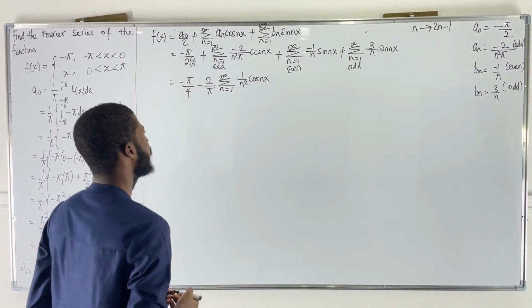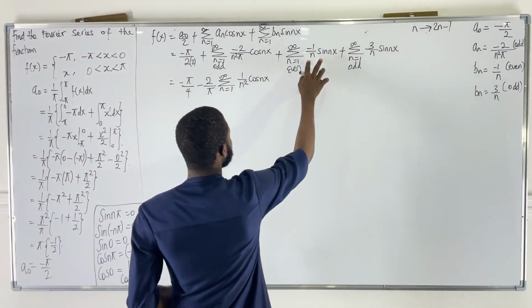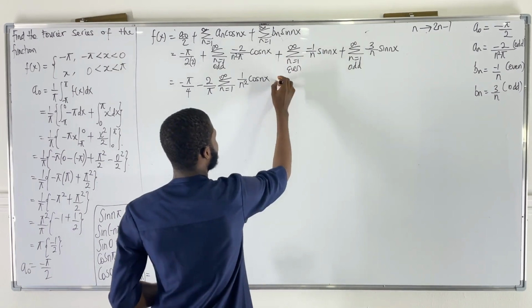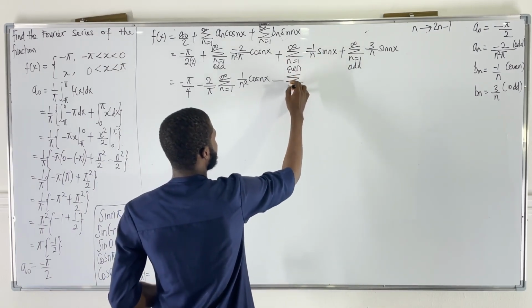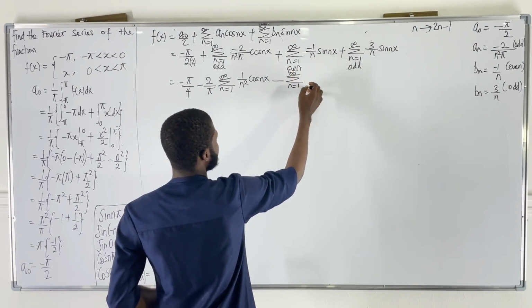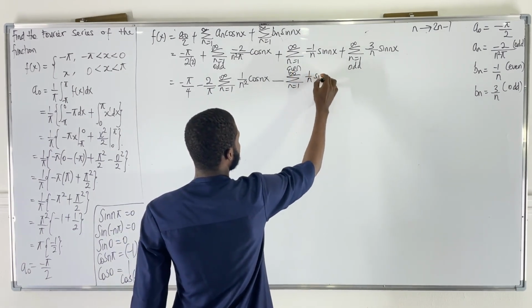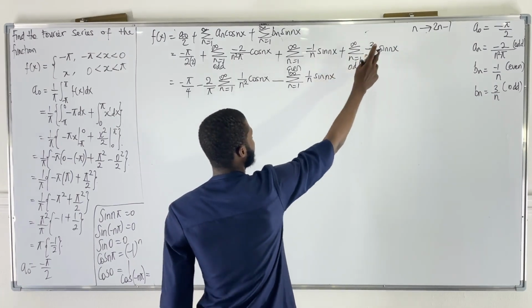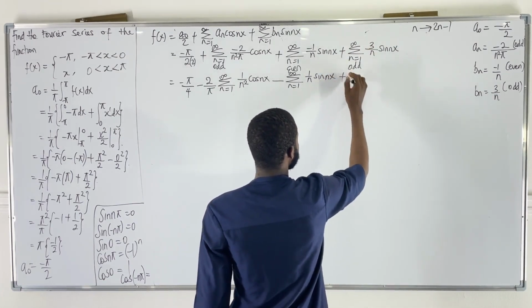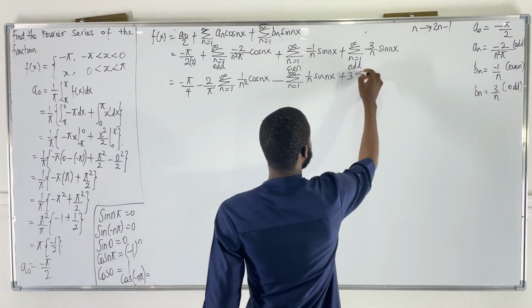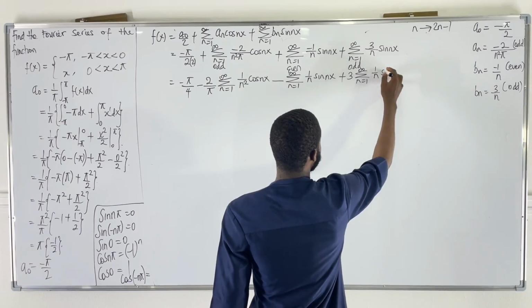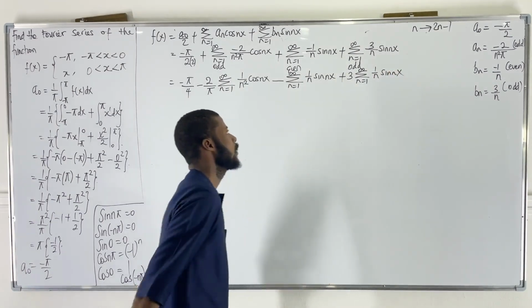That's what we have. And then for this part, this minus is a constant, so just bring out the minus. So minus the sum from n equal to 1 to infinity of 1 over n sine nx. And then here the 3 will come outside, so this is plus 3 times the sum from n equal to 1 to infinity of 1 over n sine nx.